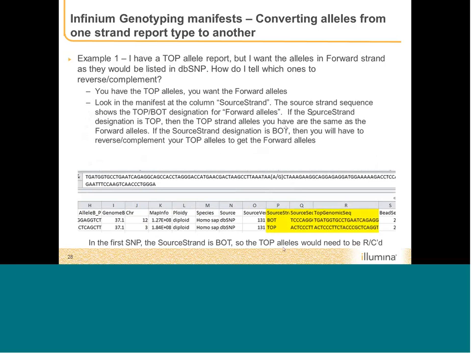If the source strand designation, the forward, is top, then the top strand alleles you have are already the same as the forward alleles. If the source strand is bot, then you will have to flip the top allele to get the forward alleles. So in this particular example, the source strand is bot in this first one. So for all the alleles in your report, you'll have to flip this one. And for the other one, since it's top already, you don't have to worry about it. All right?